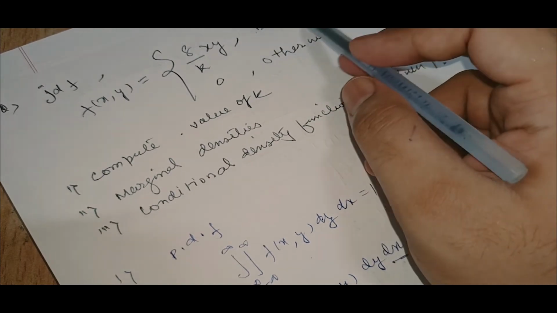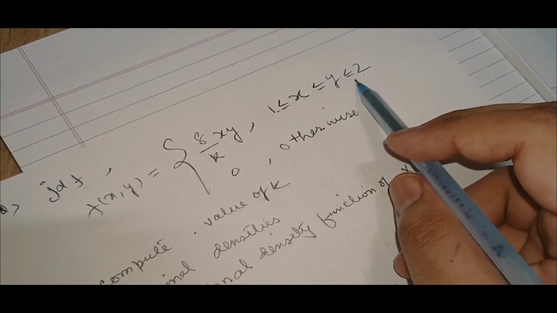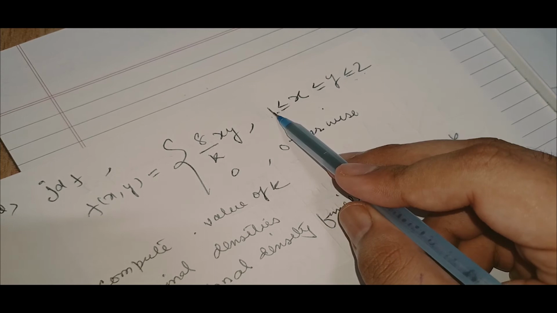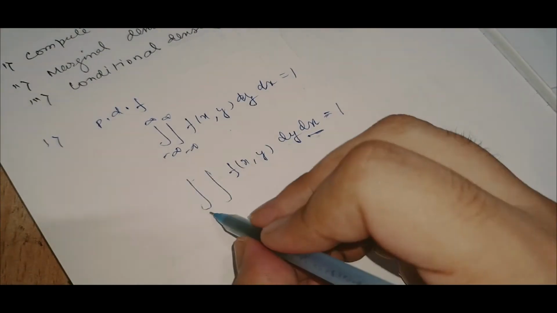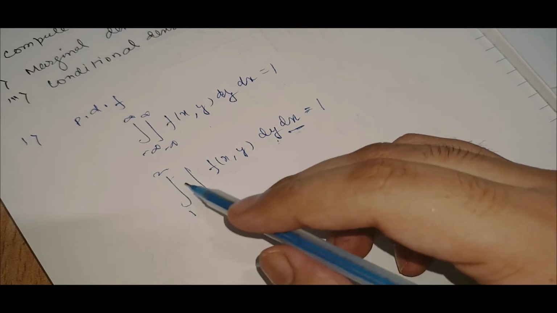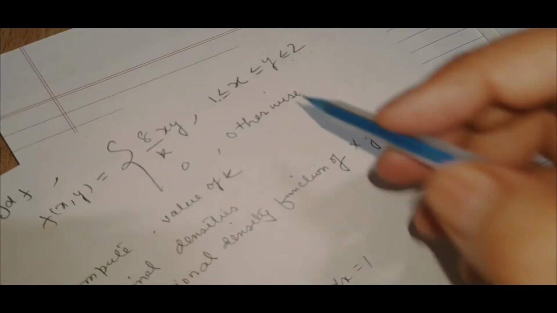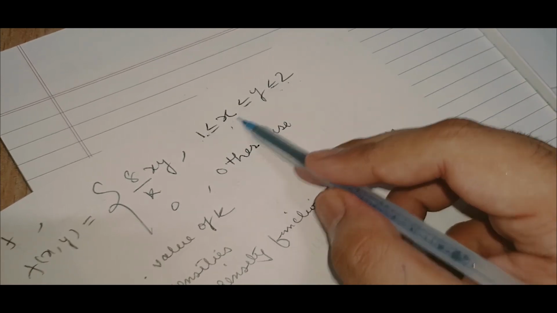If this kind of limit is given, then the limit of x is from 1 to 2. And for y, what is the limit? One you need to take as a constant and one in variable form. So for y, it is from x to 2.